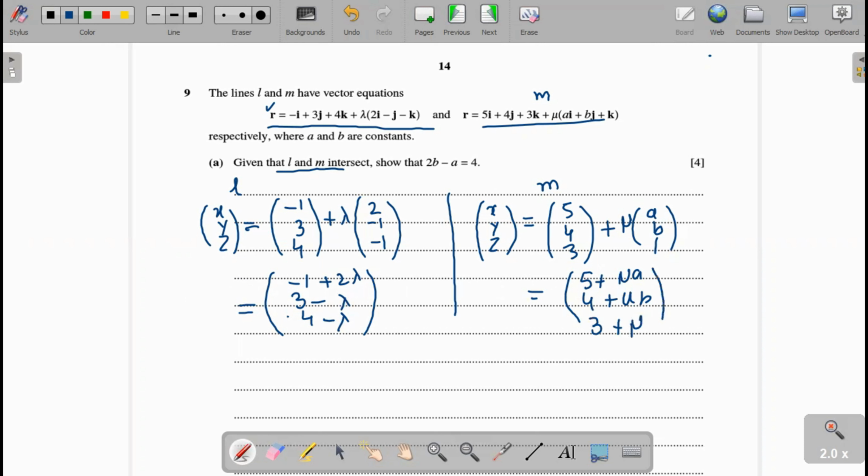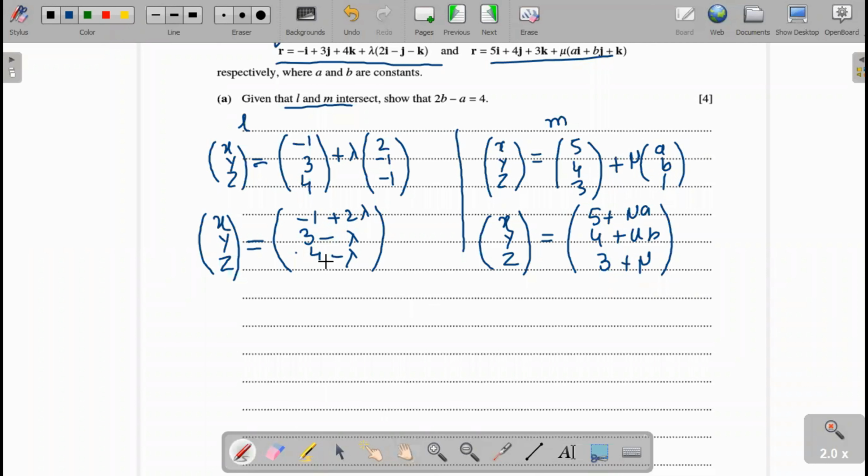Now x, y, z is minus 1 plus 2 lambda, 3 minus lambda, 4 minus lambda, and that is equal to 5 plus mu a, 4 plus mu b, and 3 plus mu.